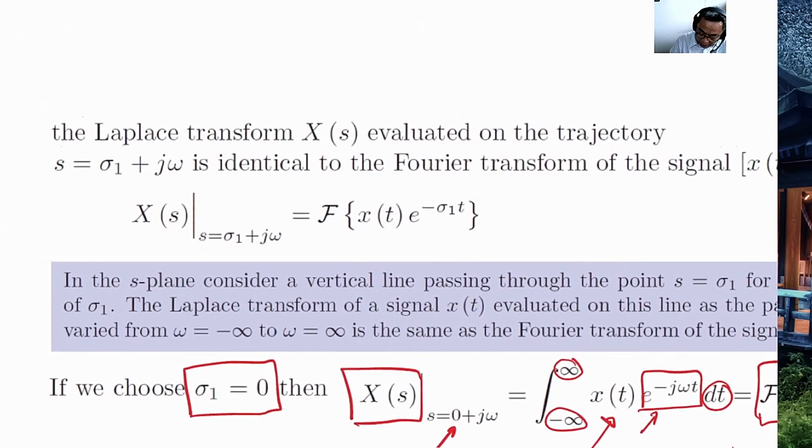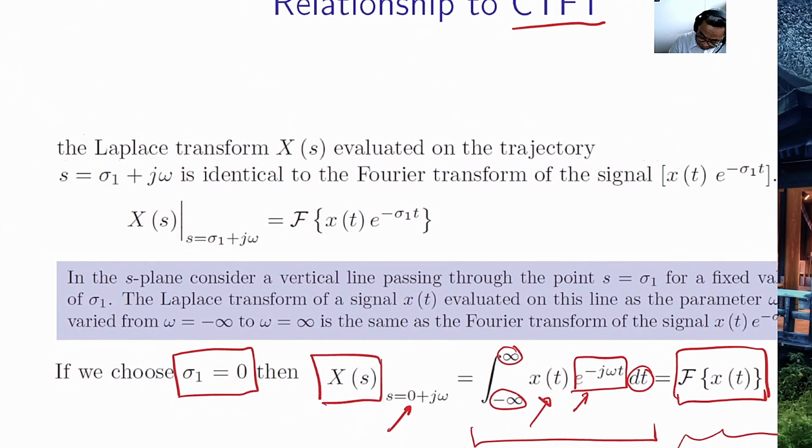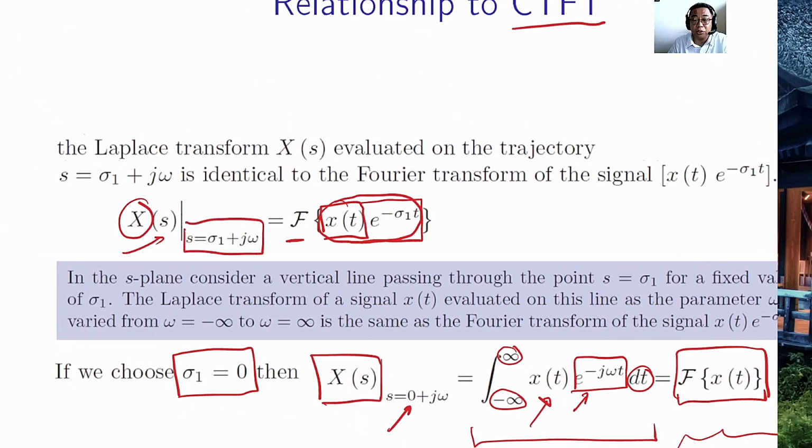Now, the other way to think about it is that if we are given x(t), and before we perform the Fourier transform, we multiply by a signal e to the minus sigma t, then the Fourier transform of this signal, x(t) multiplied by e to the minus sigma 1 t, is equal to the Laplace transform with s equal to sigma 1 plus j omega.